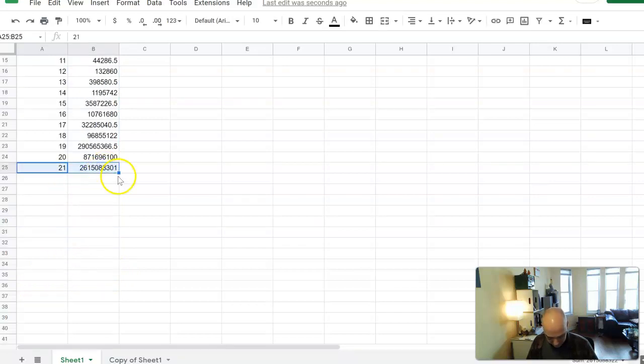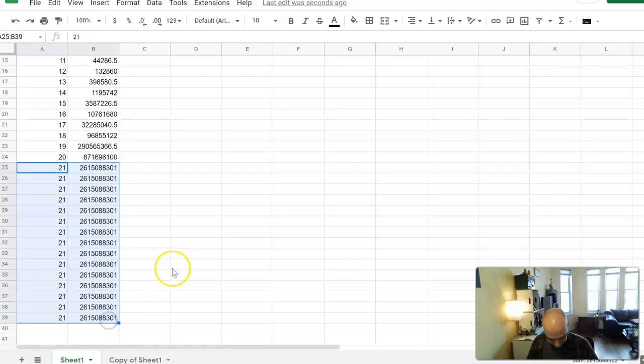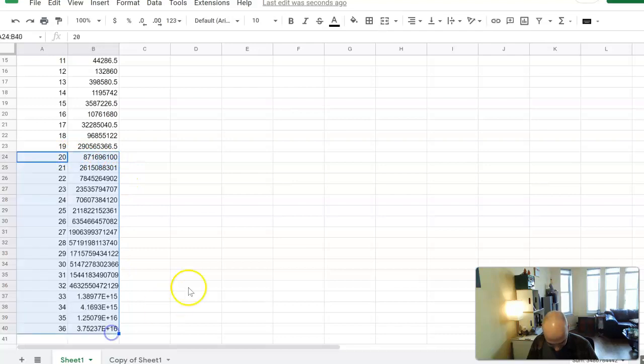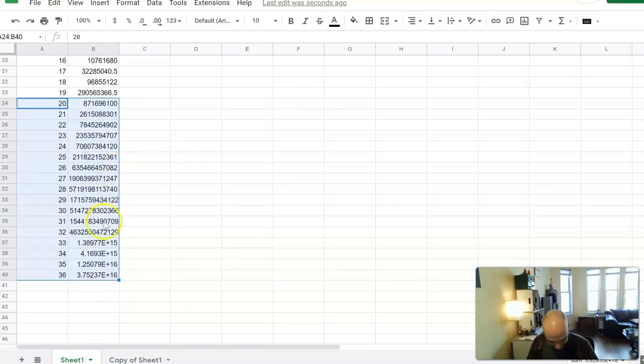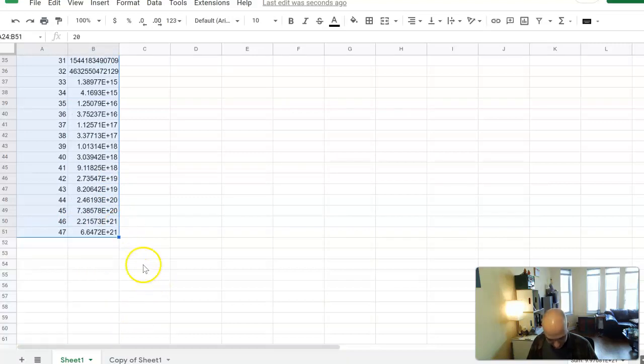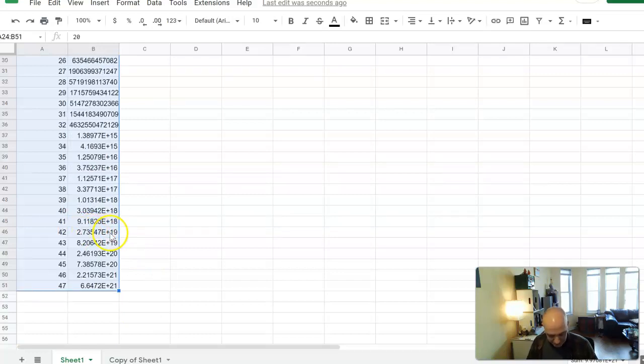Let's add some more. Let's see if we can break the spreadsheet. All right, so oh no. I see, because I didn't copy enough to copy the pattern. There we go. If we copy enough to copy the pattern, at some point we get down here, and we haven't broken the spreadsheet, but we have exceeded its display powers. We're into scientific notation. There'd be 21 zeros on that number.